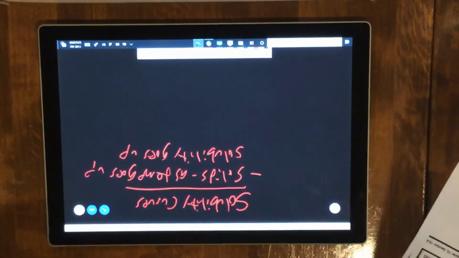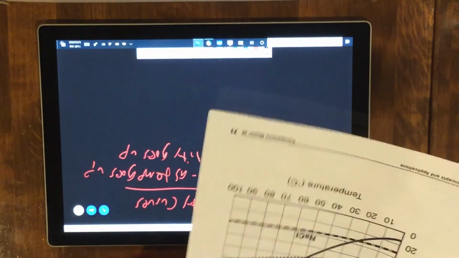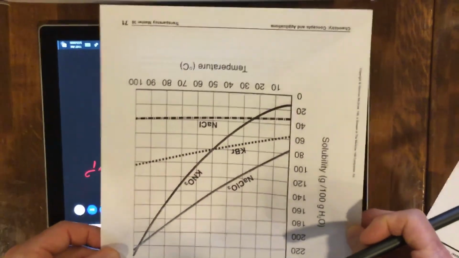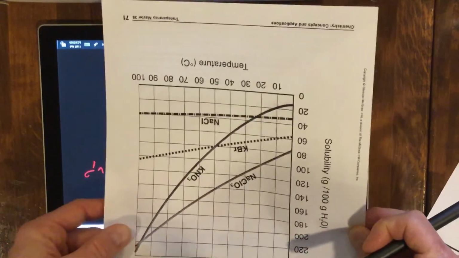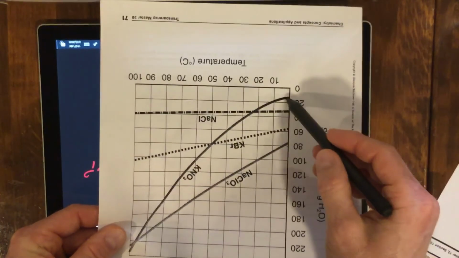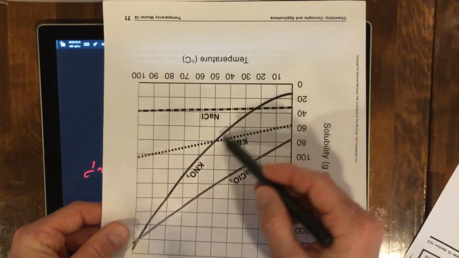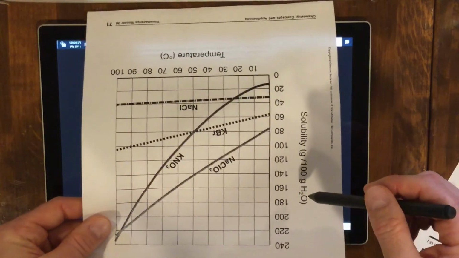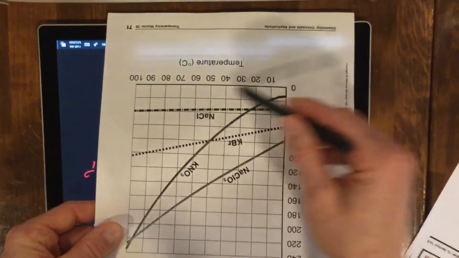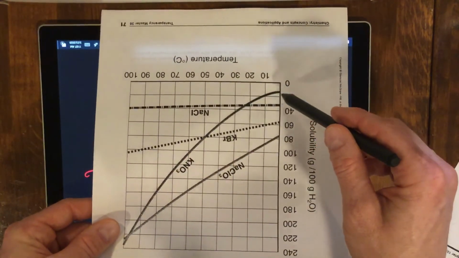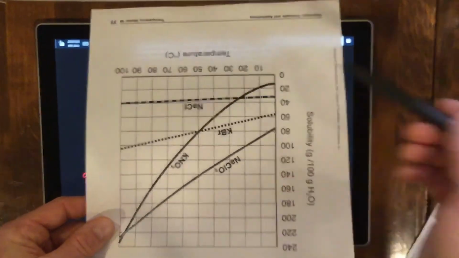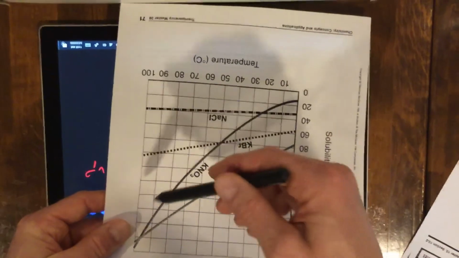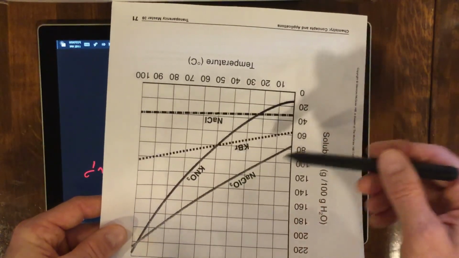I don't want to inundate you with videos and stuff to do. But basically, that's what this sheet is supposed to help you learn: as you increase temperature, these curves follow how much of it you can dissolve in the same amount of water. So you're not adding water, you're just increasing temperature. And they all go up. Some go up faster than others, meaning their solubility is higher. If you can add more, that means higher solubility.